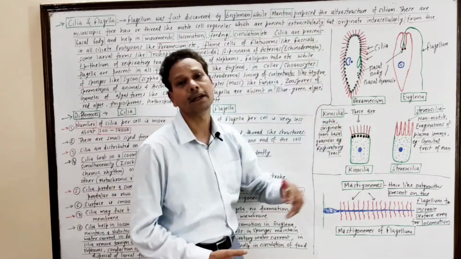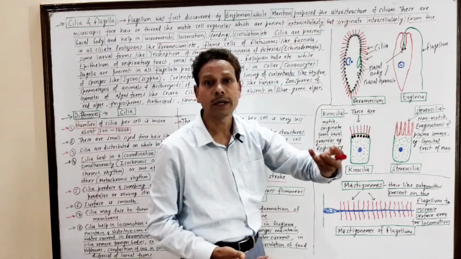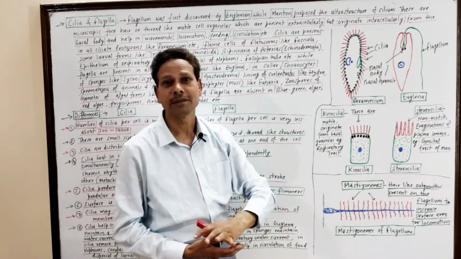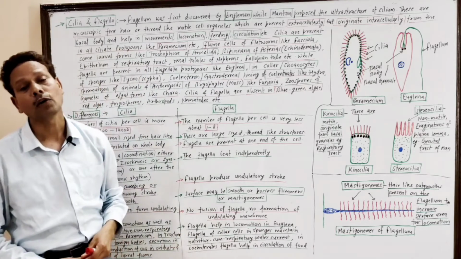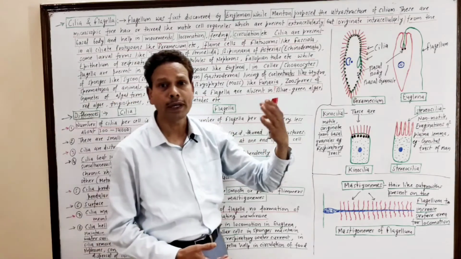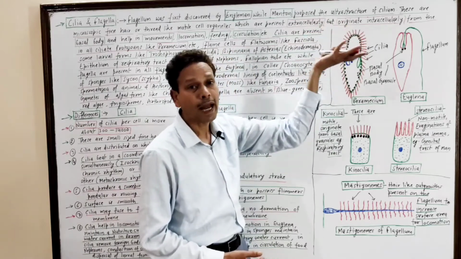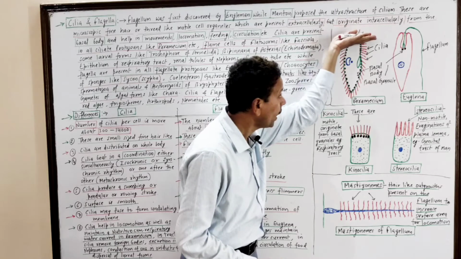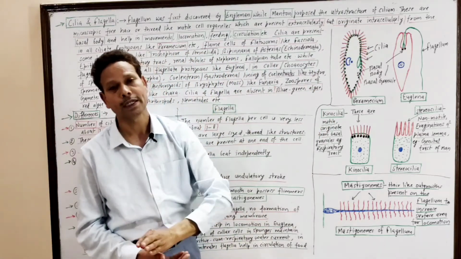Either all cilia beat simultaneously, that is isochronous or synchronous, or they may beat metachronous. Metachronic rhythm involves beating of cilia one after the other, that is metachronous.